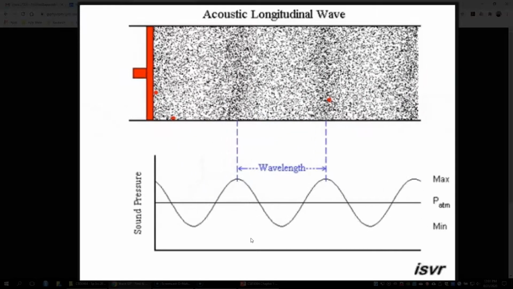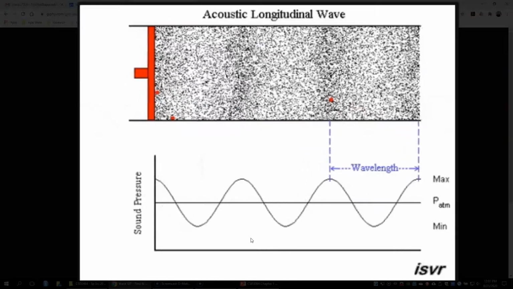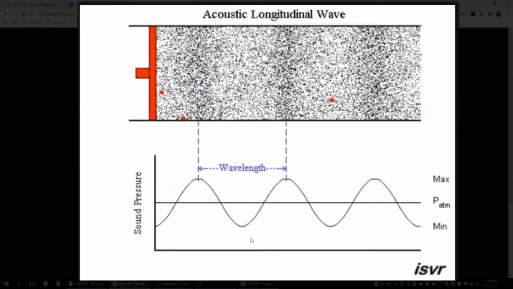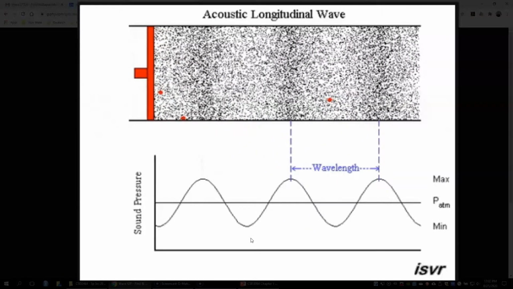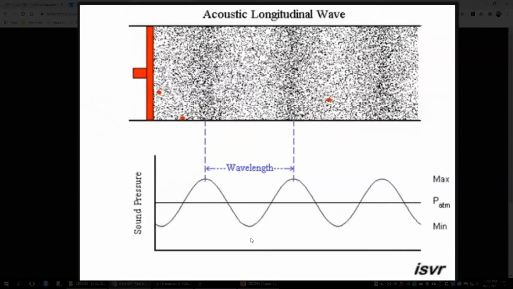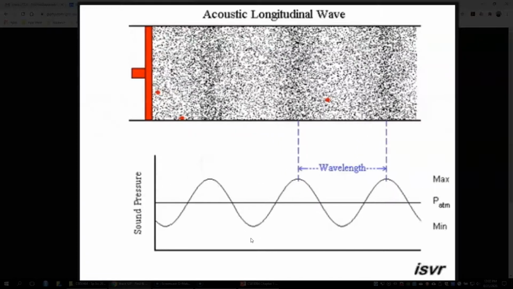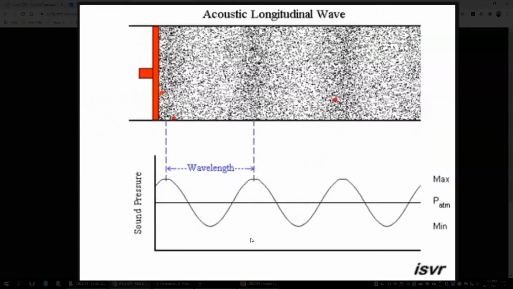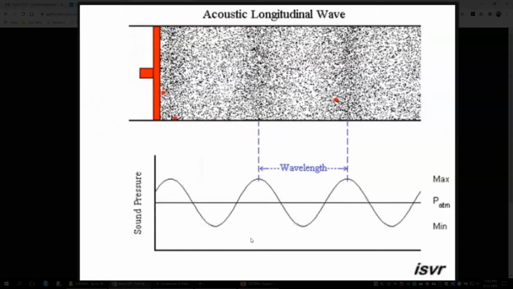They're shifting a little bit left and right on the basis of the propagating sound wave, but they don't travel along with the wave. The wave itself is a change in pressure or a change in air molecule density that propagates through the medium, but it doesn't bring all of the air molecules along with it. They vibrate more or less in place.